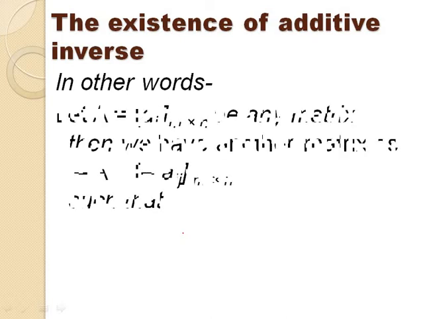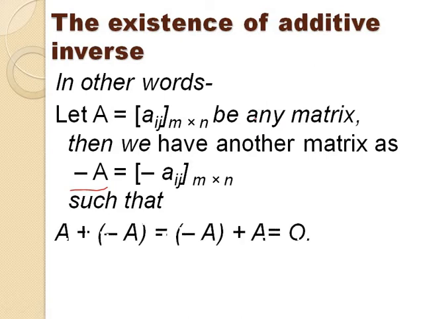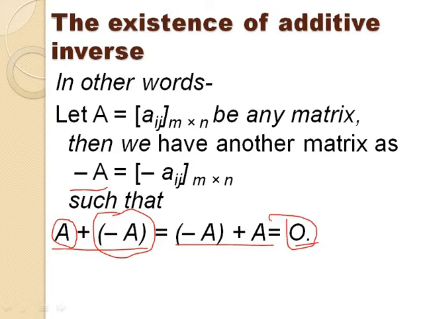Let us see it in another way. Here we say minus A is the additive inverse of A. That means if A is added with minus A, then the result is a zero matrix.